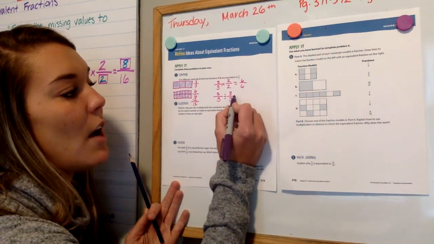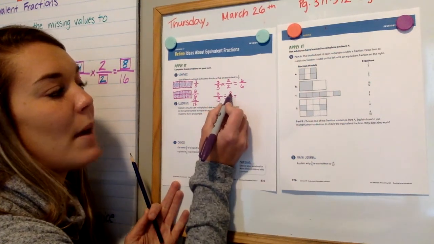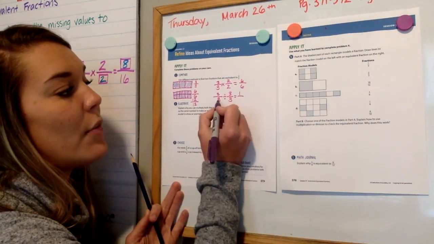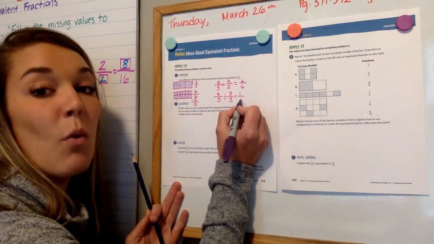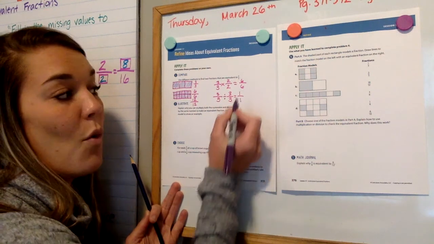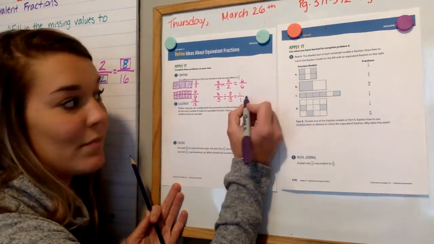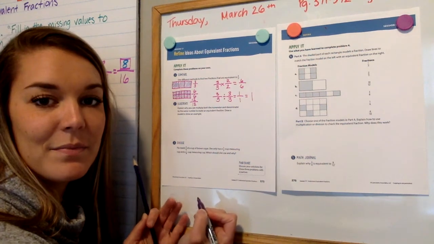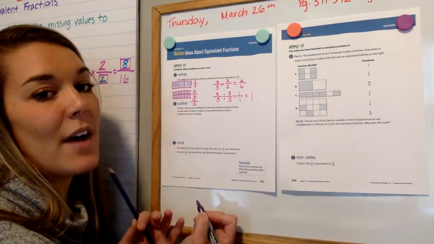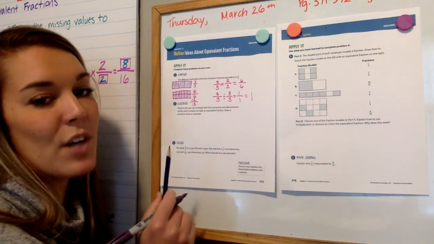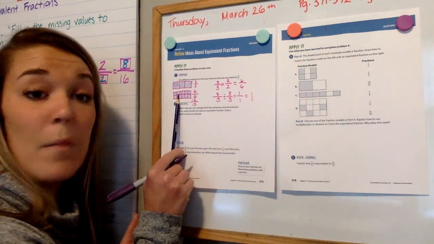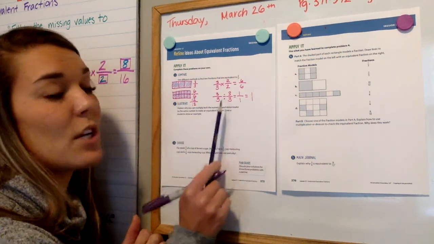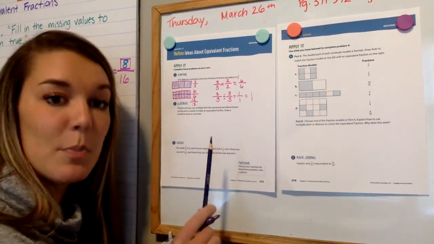Okay, so 3 divided by 3 is 1. 3 divided by 3 is 1. 1 over 1 is the same thing as 1. Okay? So we just found some equivalent fractions for 3 over 3 using a modeling way, drawing the picture, and we also did it mathematically by multiplying and dividing.